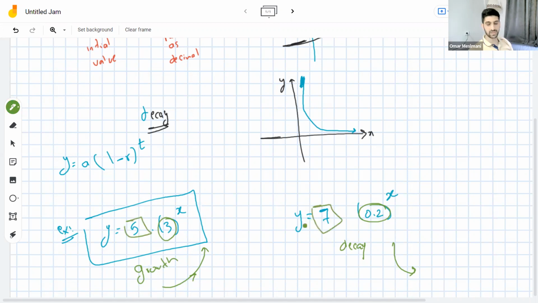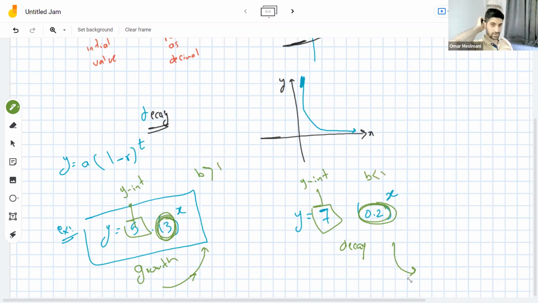This 5 and this 7 are represented by the initial value, the y-intercept. And this 3, or this 0.2, is the base that we call b. If b is greater than 1, it's a growth. If b is less than 1, it is a decay.